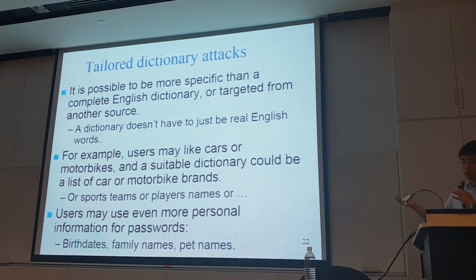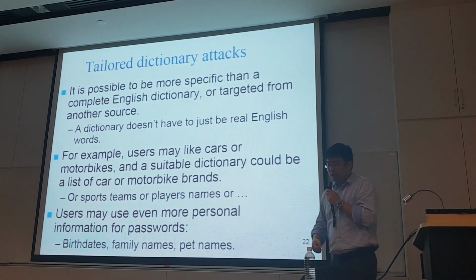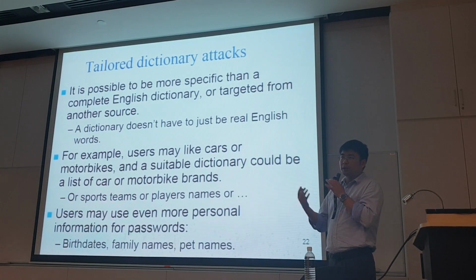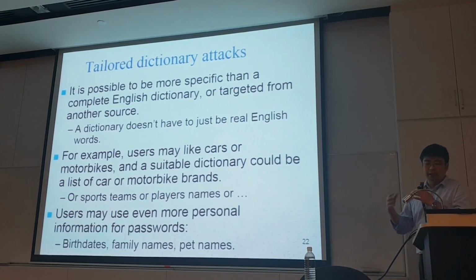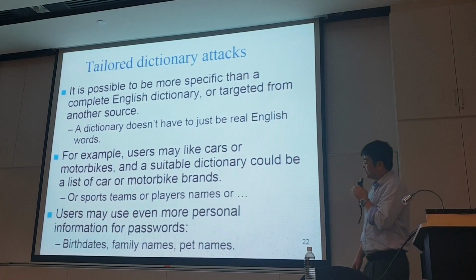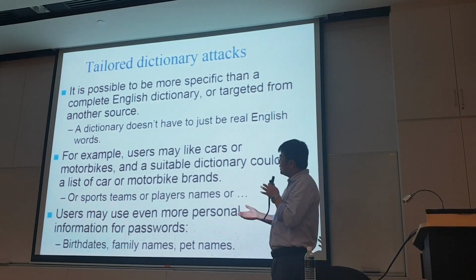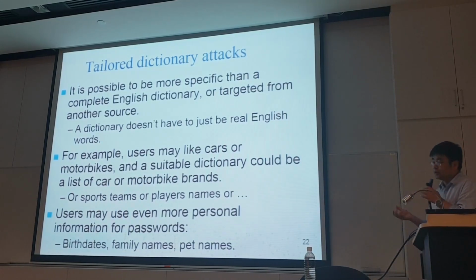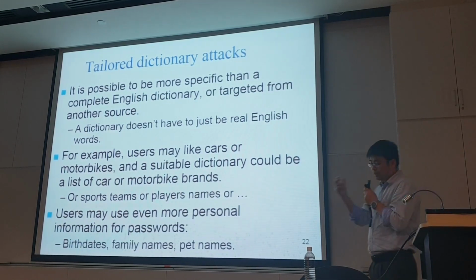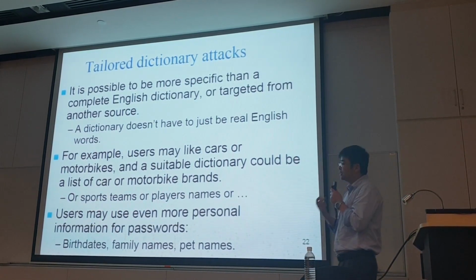For example, if I know this person is very interested in a particular sport, like basketball or tennis, and there is a favorite sport superstar in that sport, then sometimes you can predict the password. You can reduce the number of possible passwords by looking at the information you can collect from a particular person.